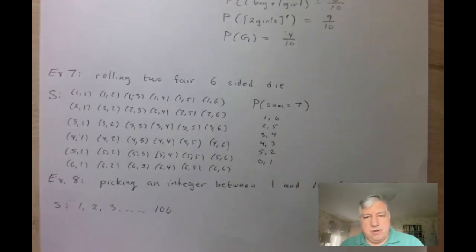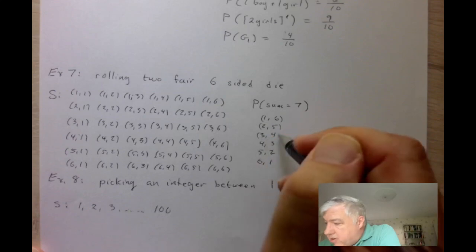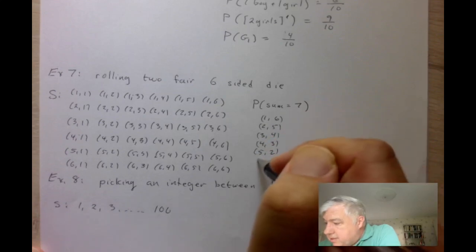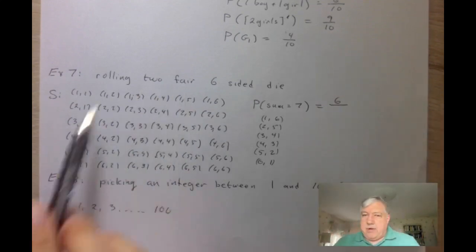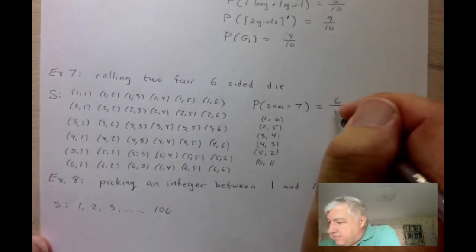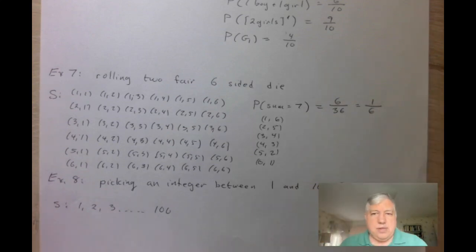So these are 6 outcomes where the sum is 7. And there are 36 possible outcomes, so this would be 6 out of 36, which is 1/6. And the casinos know that. That's why they adjust the payouts accordingly.